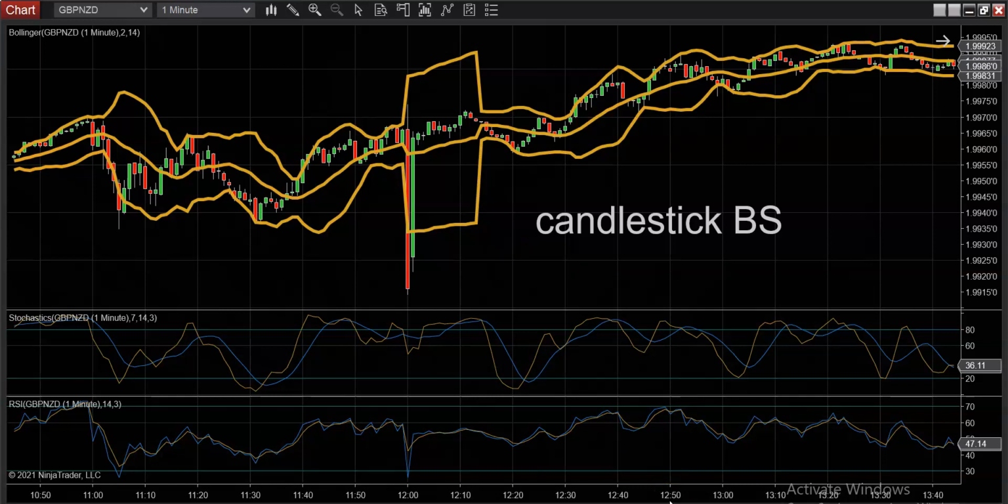But the reality is that probably 99% of Forex traders who are trying to speculate in the Forex market are using these type of candlestick charts.